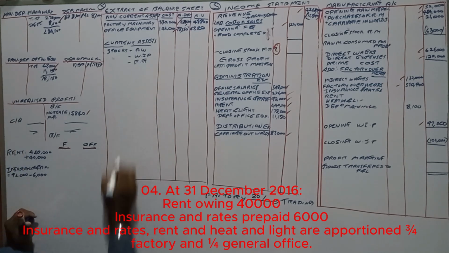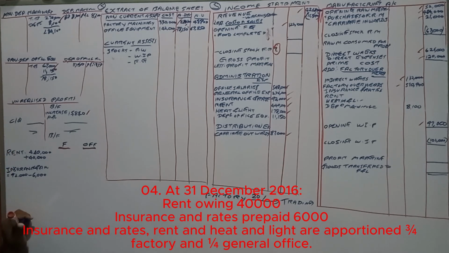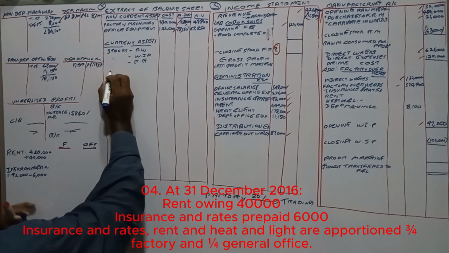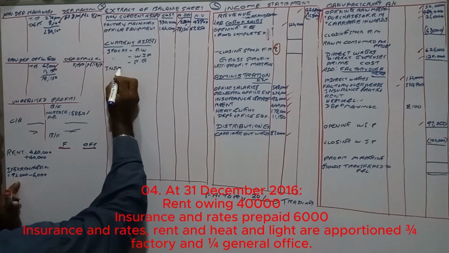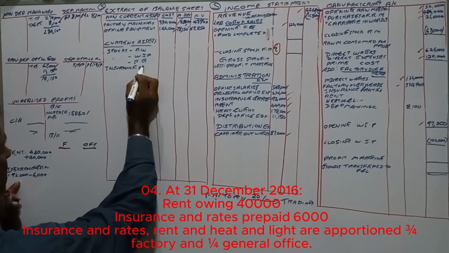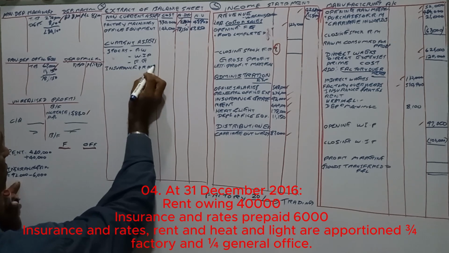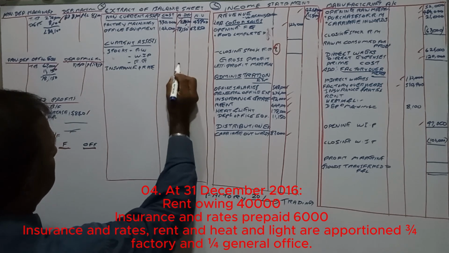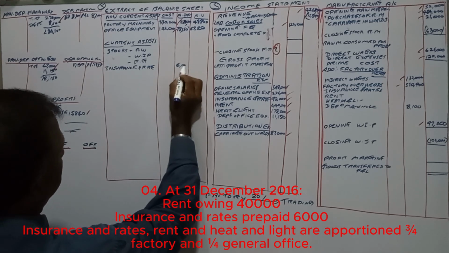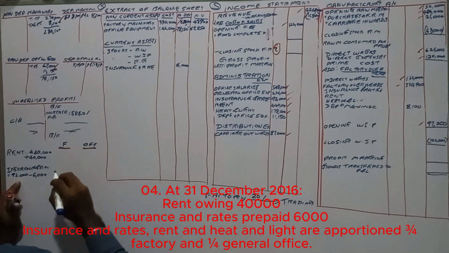This we had to take at cost price, right? And thereafter prepaid insurance and rates. Insurance and rates, they said 6,000 is prepaid, right?